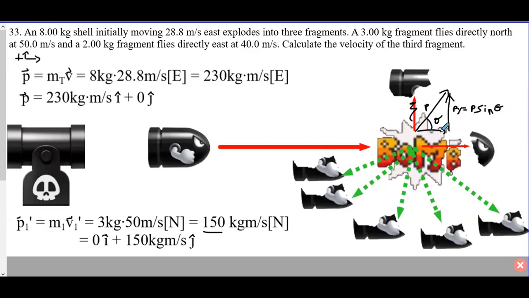Likewise for the X component: I would take my hypotenuse and multiply by the cosine of angle theta. But this problem is a little bit easier because it is going directly north, so I can ignore that for this purpose.